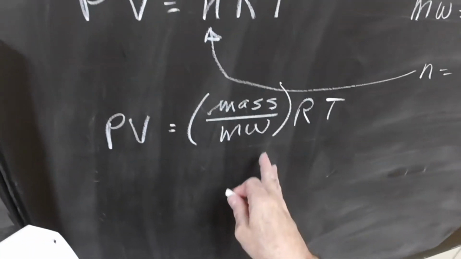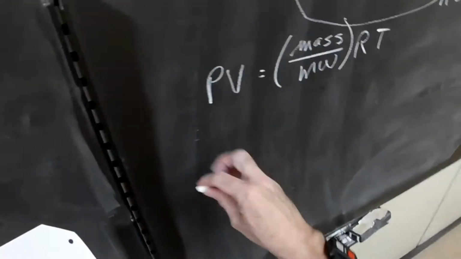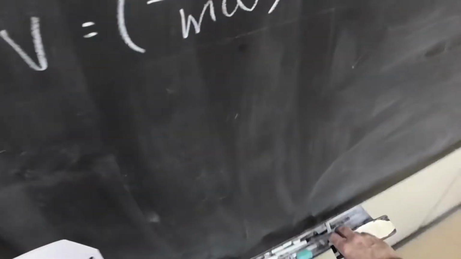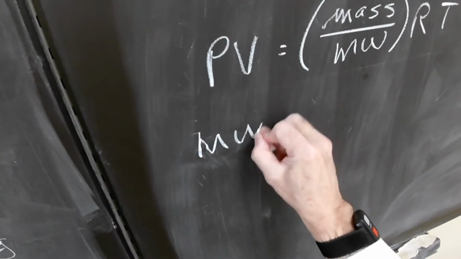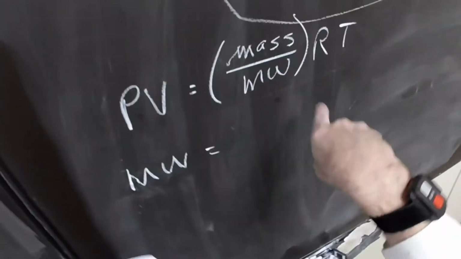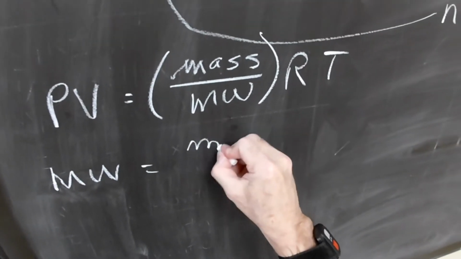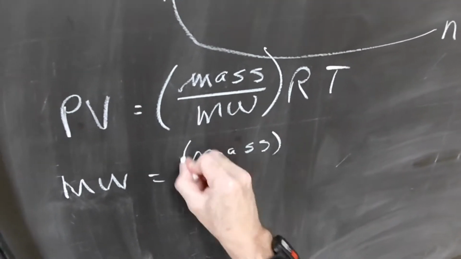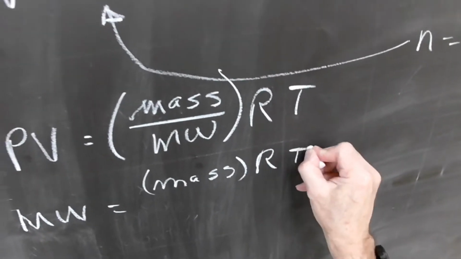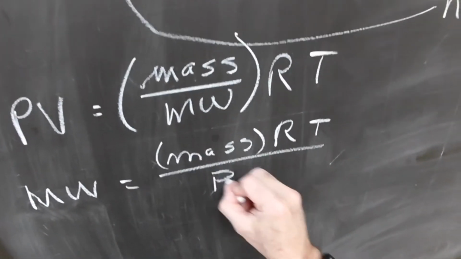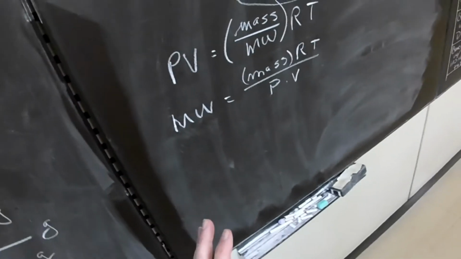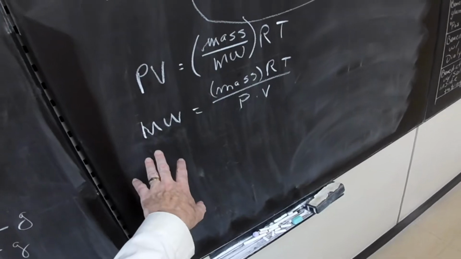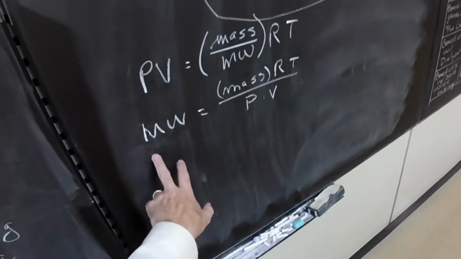And then if you solve this for molecular weight, MW comes over here, and then this goes over there, so that puts mass times R times T divided by P times V. And that way you can solve the molecular weight with one equation.